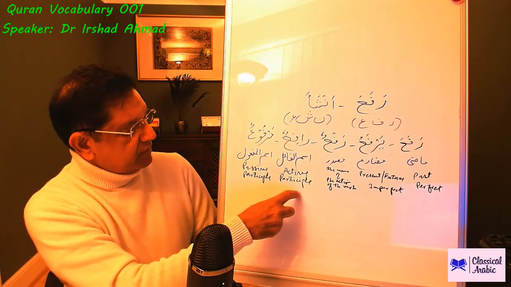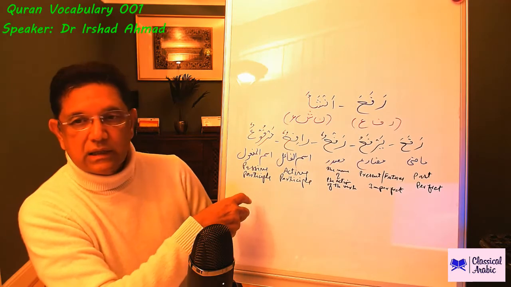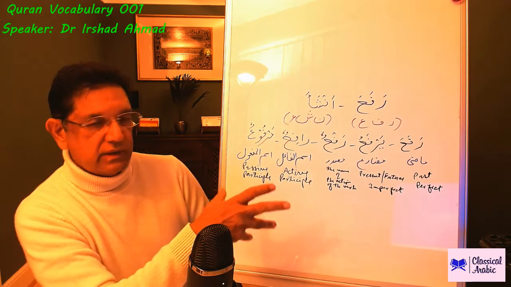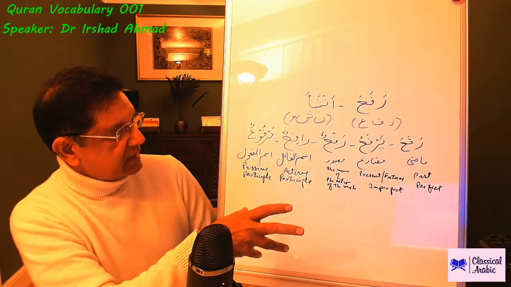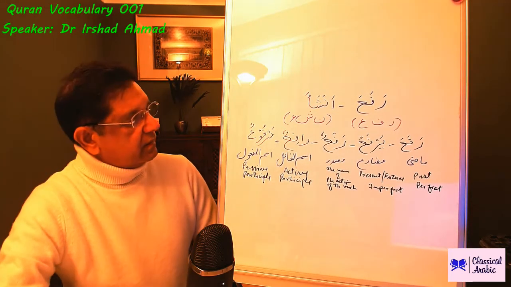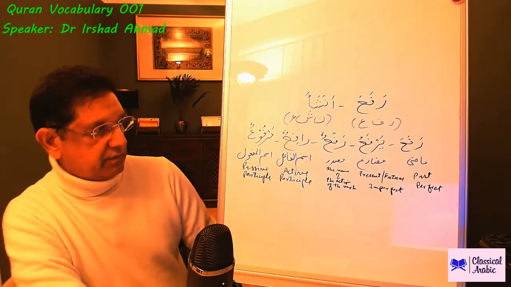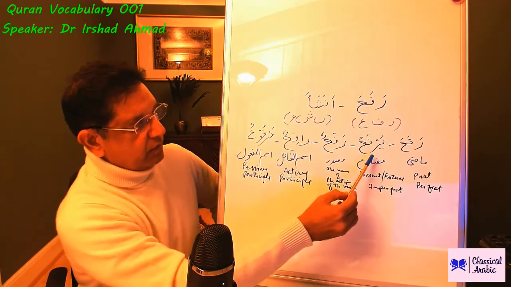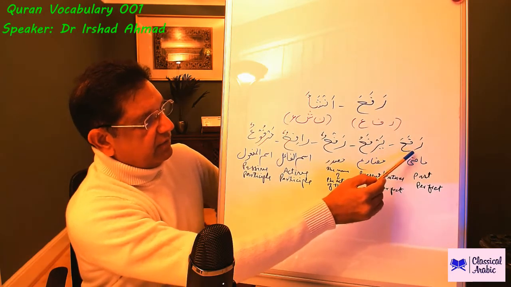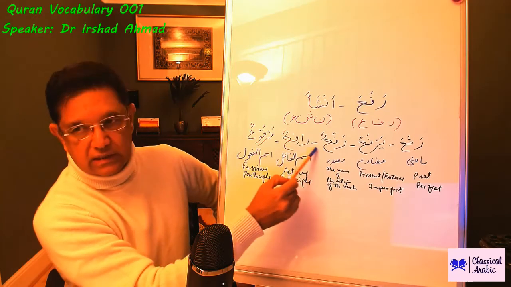So ismul fa'il is the doer of the action of the verb, and ismul maf'ul is the done-to, on which the action of the verb has taken place. So the terminology grammarians use is that these are 5 parts of the verb. Although we have only one verb here, and these are 3 nouns, these are 3 asma.